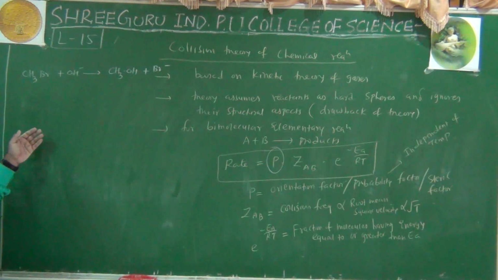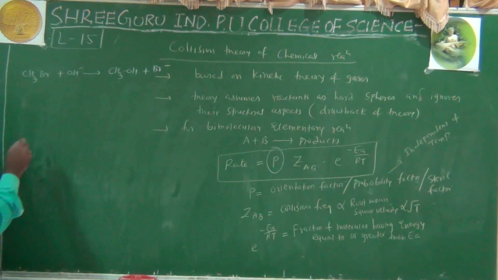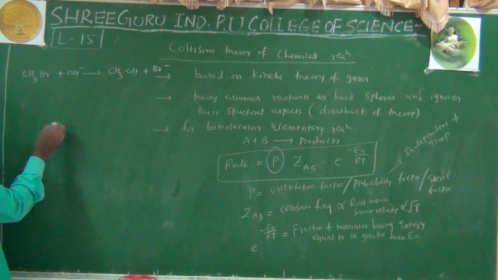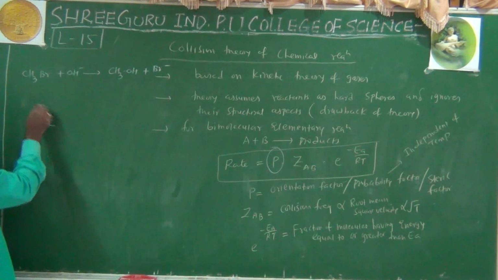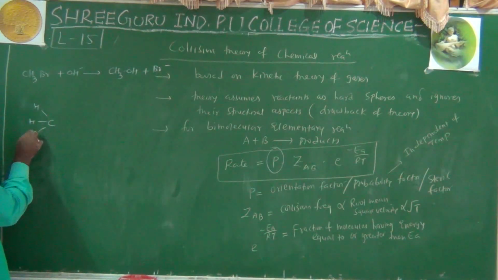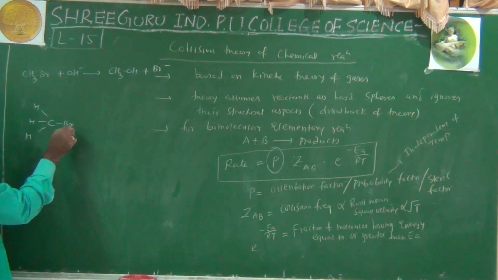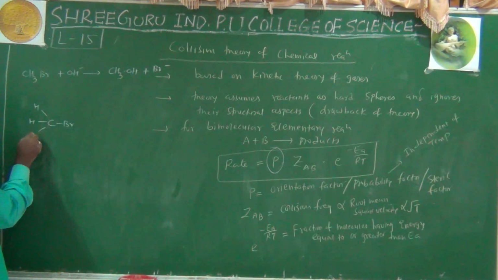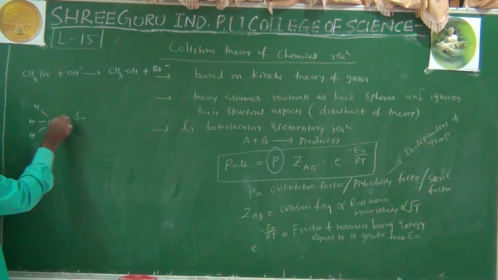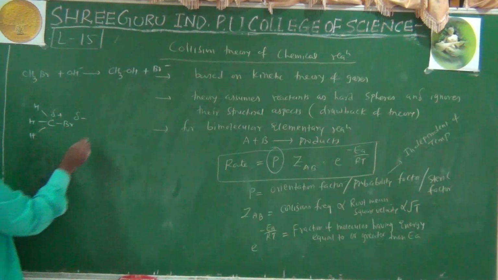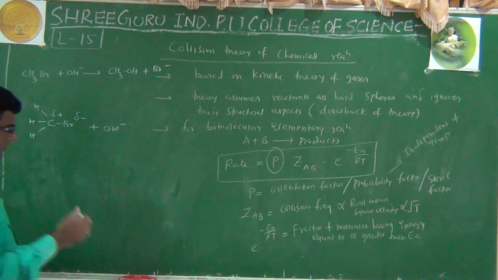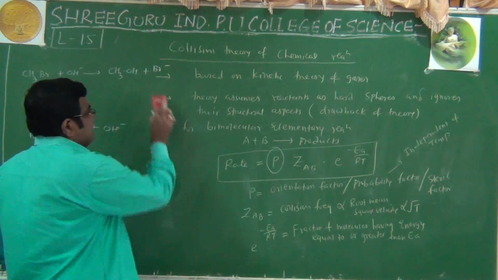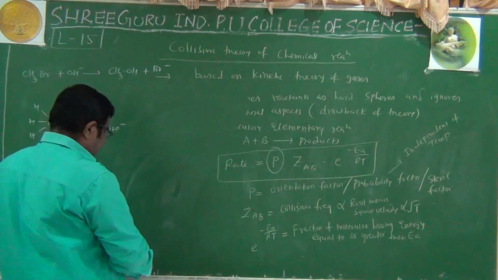We all learned haloalkanes, so you might have understood this example there also, but try to understand it here in this context. We have this methyl bromide molecule. The bromine is more electronegative, so it has a partial negative charge and the carbon a partial positive charge, and there is an OH negative ion expected to collide.